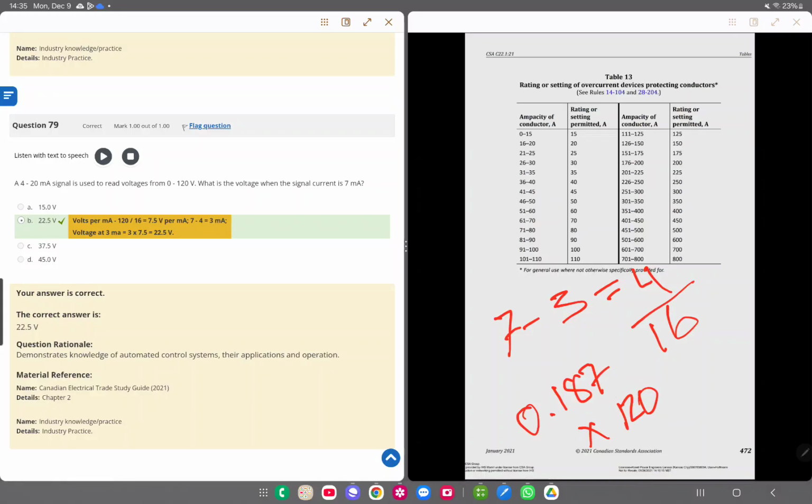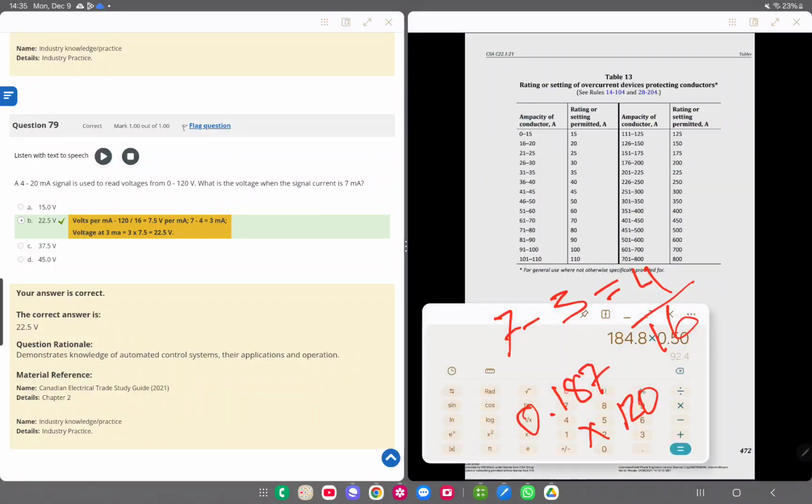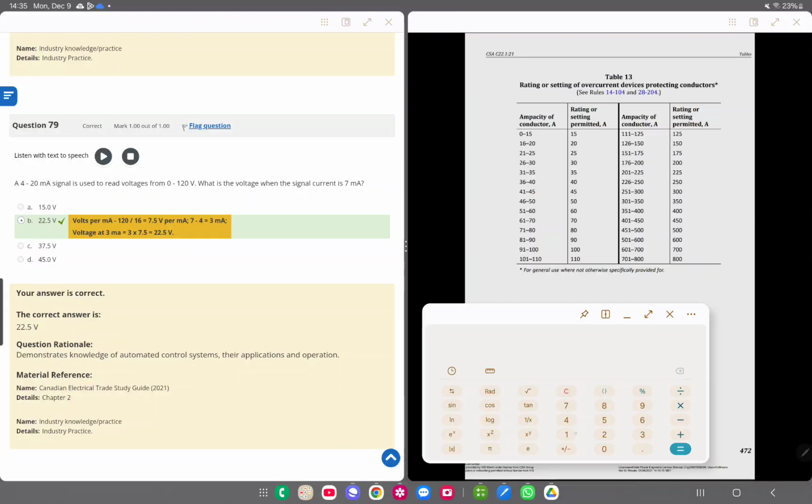We have to do something with this 0.187, but let's make sure we got this right. 4 divided by 16, 0.25, times 120.